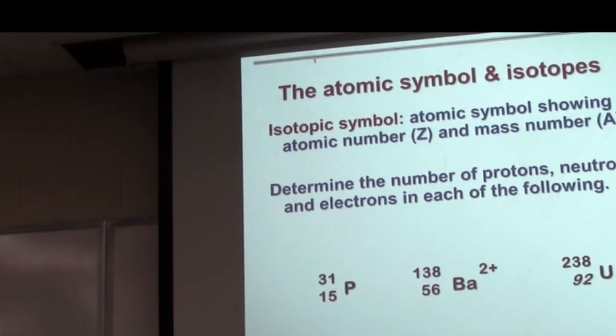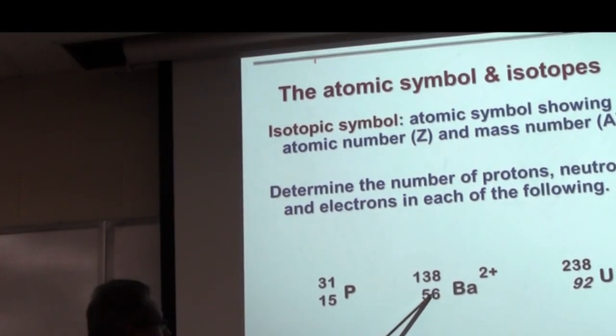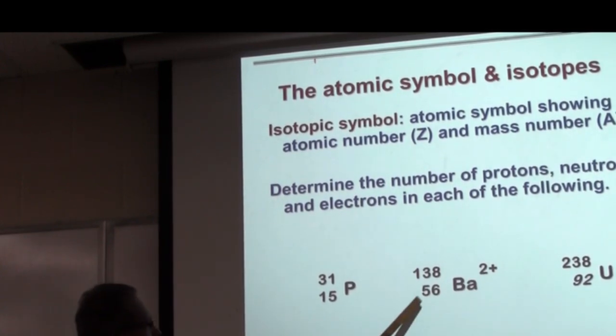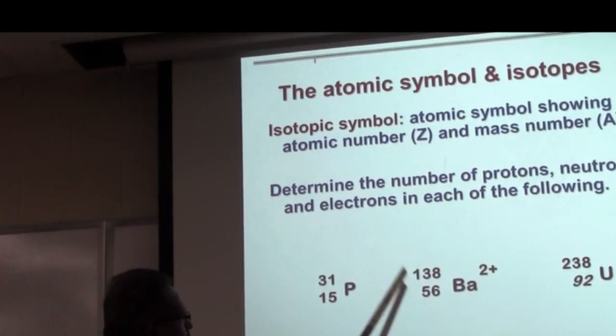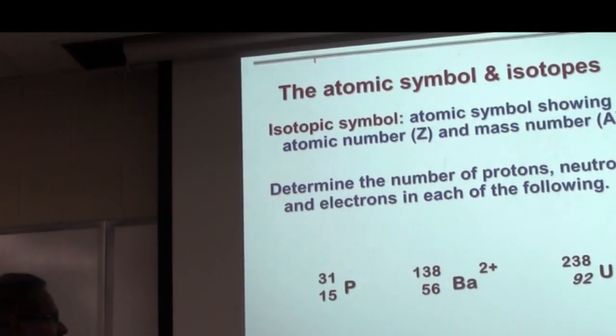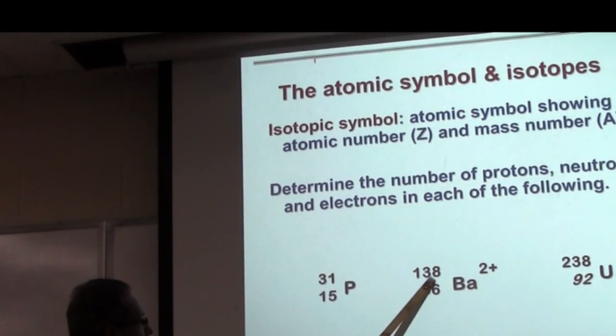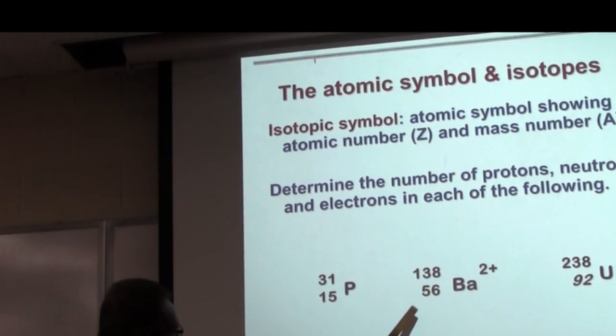Charge neutrality. Okay, 56 is the proton number. How many electrons are in there? 54. How many neutrons? 82. You subtract. All right, I cannot do calculus. All right, you got it. 82.